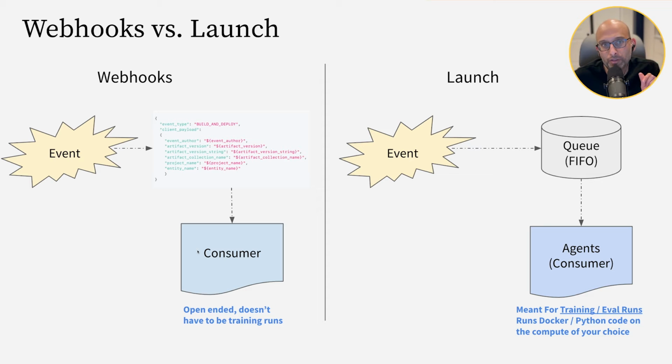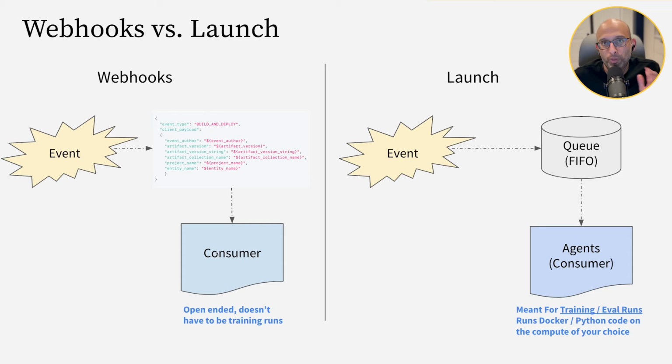That's why I called it consumer, because webhooks are very common when we talk about developer tools. So there are many different tools that can receive a webhook. It doesn't have to strictly be a web server. One example of that is GitHub Actions. You can have Weights and Biases send events to GitHub Actions.